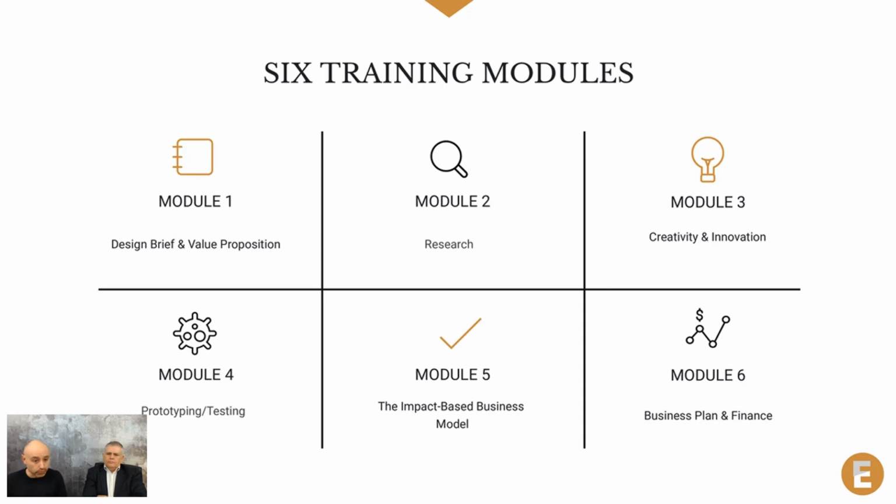We start with module 1, developing a design brief and a value proposition. And when I was actually preparing this presentation, I went back to the manual that they developed in the European project. And the number 1 problem and reason why social enterprises failed was a strategic problem.